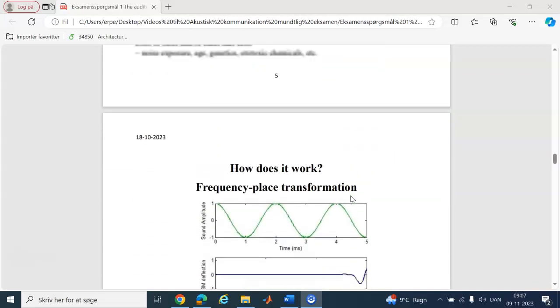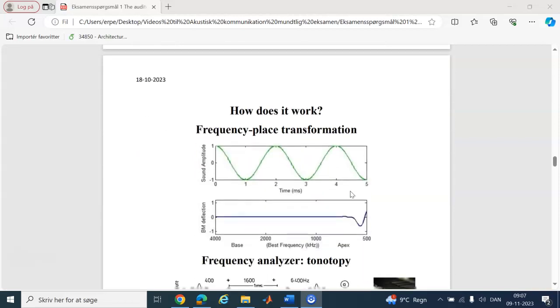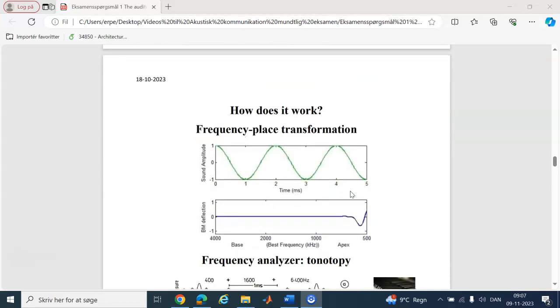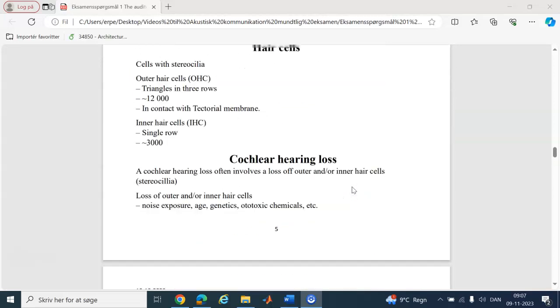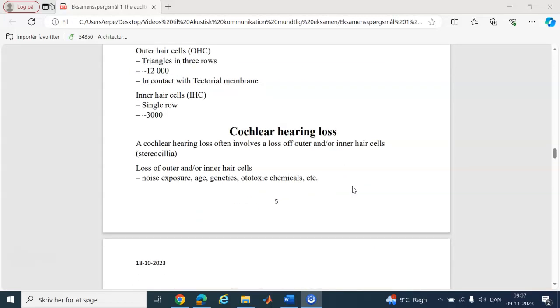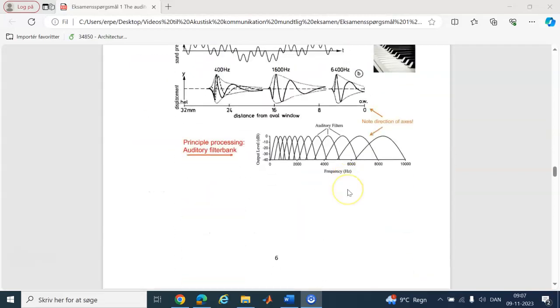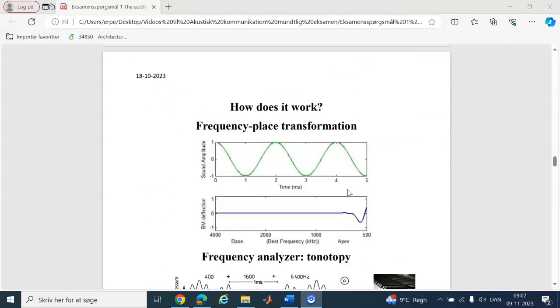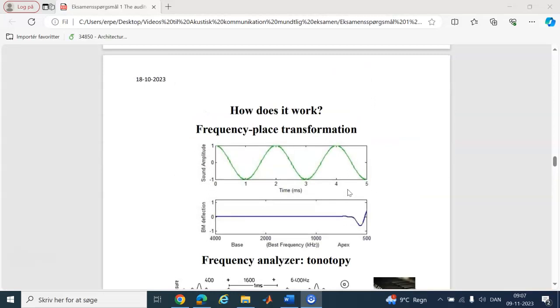So, how does it work? The stereocilia are moving back and forth. I will come back to it. There's a frequency-place transformation.